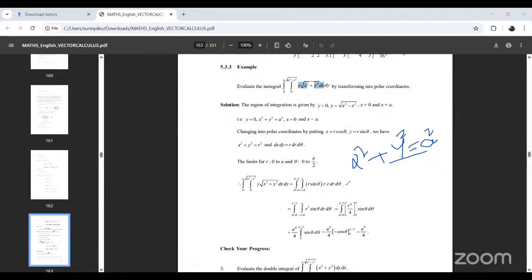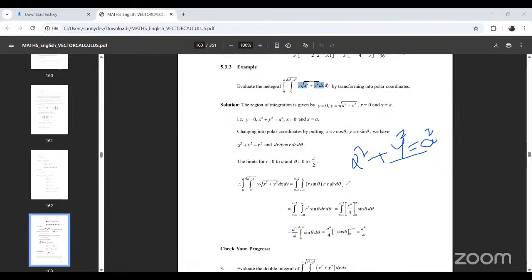So r integration is r power of 4 by 4. Okay, and sine theta integration is minus cos theta.